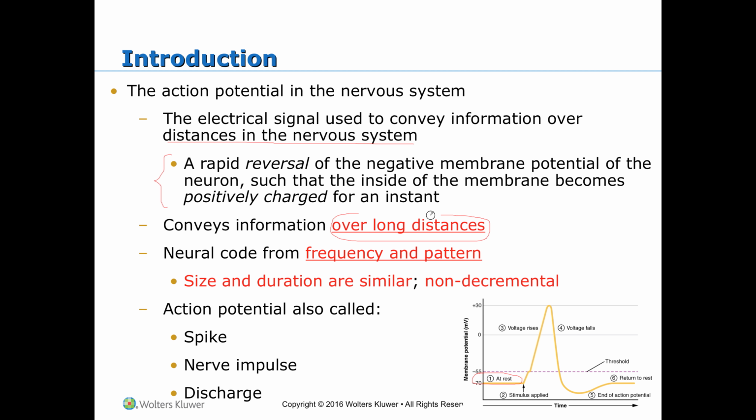Remember when we were talking about those projection neurons, and we talked about our neuron, our cell right here, having a neurite known as an axon, which is able to send information down to a presynaptic terminal. So this is sending information away from the cell body in an anterograde fashion. Now, the neural code in action potentials will actually come from frequency and patterns.